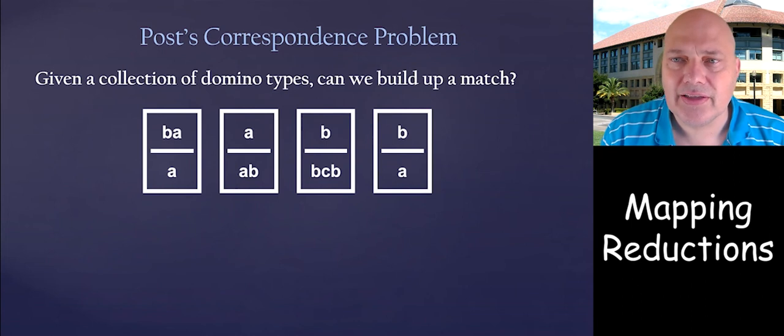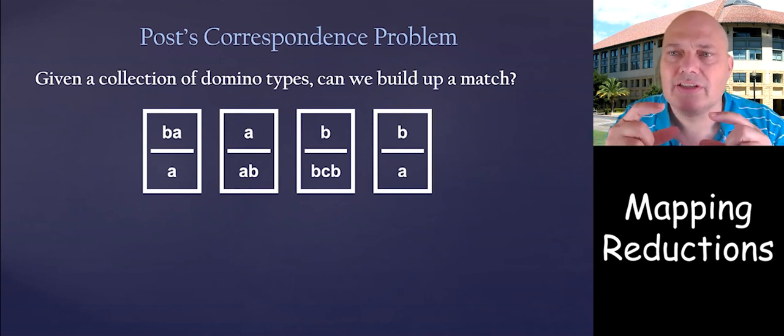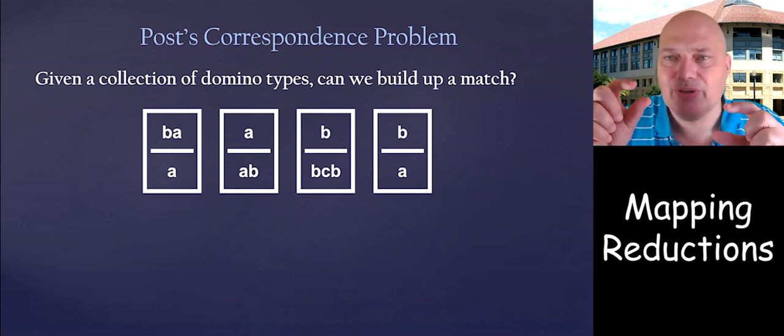In this problem, the input is a collection of domino types, like we see here. And you want to compose them in some order, and you can reuse domino types as many times as you want, such that the string on the top will equal the string on the bottom.